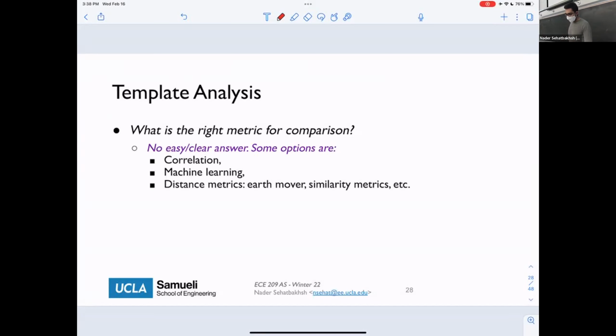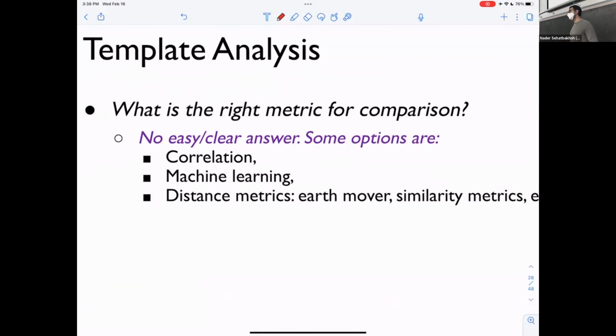But typically we either use normal correlation, normal signal processing metrics for similarity, cosine, correlation, things like that. Machine learning is also another way of finding the values, because what I just described to you of creating x and f of x, like input and output labels, is the same way that we train our machines.